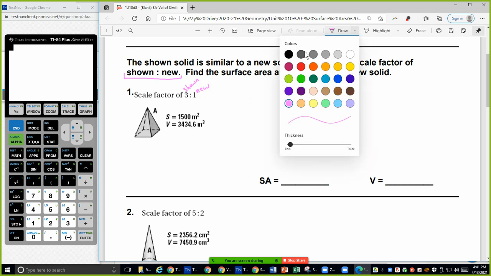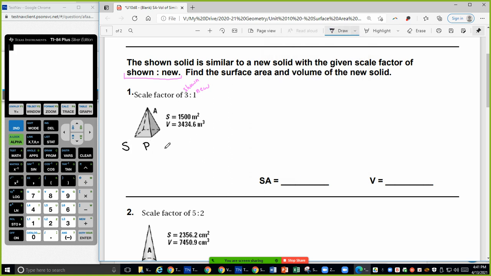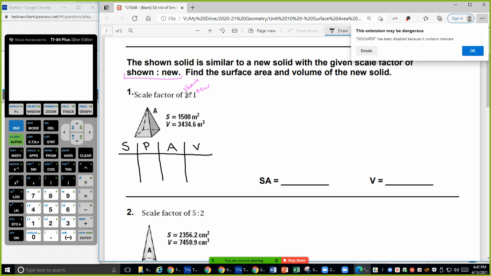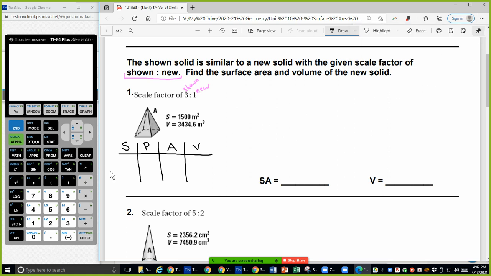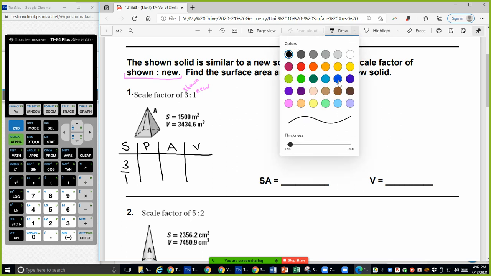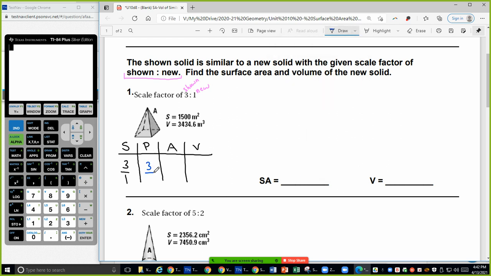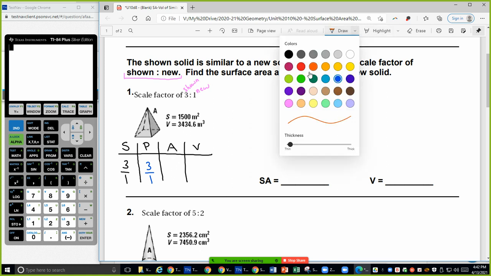The first thing I want to do is make my SPAV table: S-P-A-V. They have told me that the ratio, my scale factor in the first column, is 3 to 1. So my second column is also 3 to 1, which means my third column is going to be squared, for area.